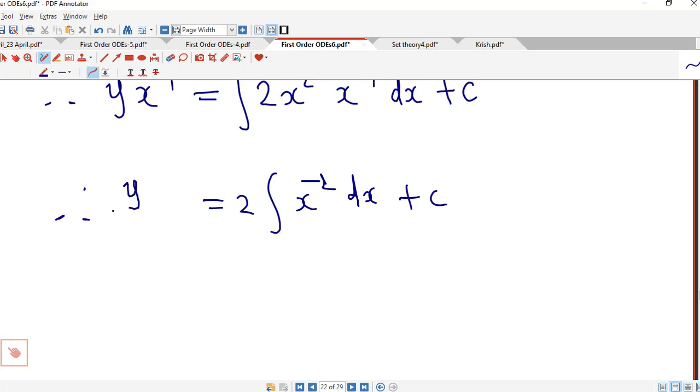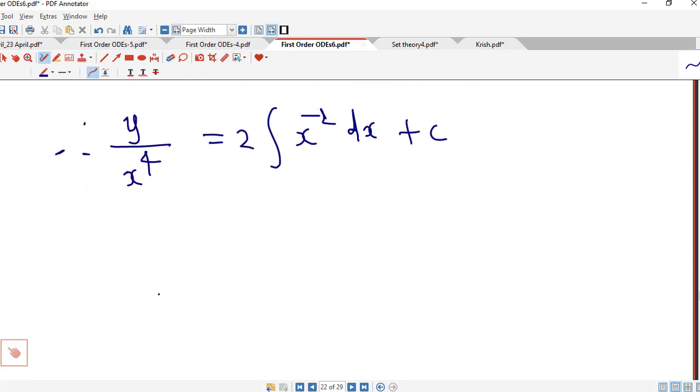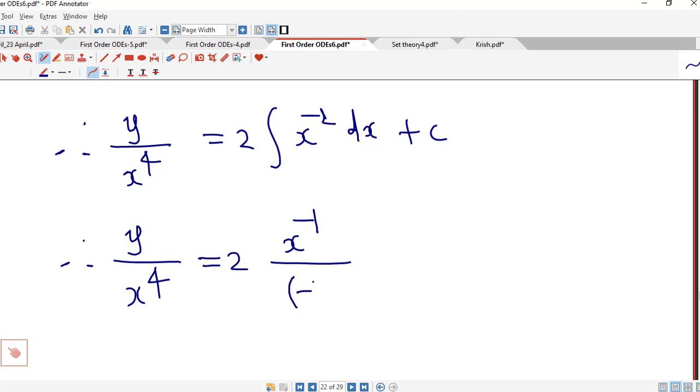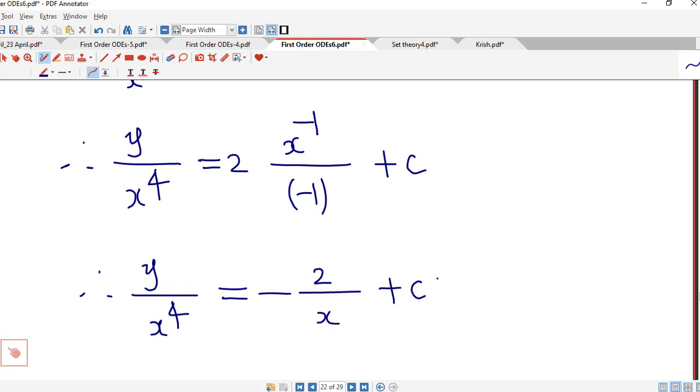Parallel we can rewrite y times x raised to minus 4 as y over x raised to 4. Therefore y over x raised to 4 equal to 2 times the integral, which is x to the power minus 2 plus 1, which is minus 1, divided by minus 1, plus c. Therefore y over x raised to 4 equal to minus 2 over x plus c.